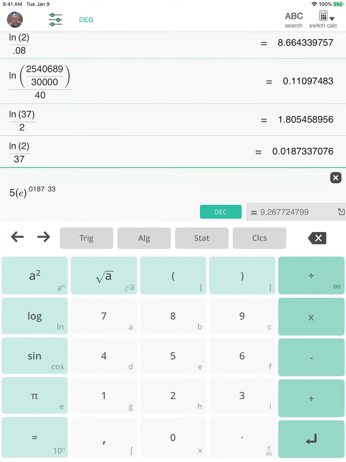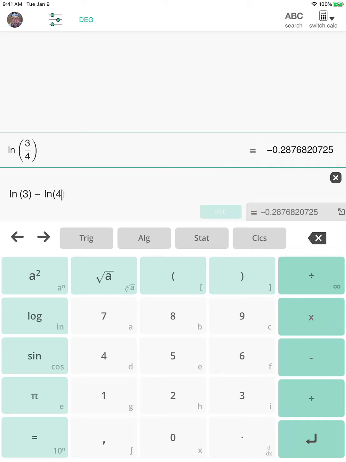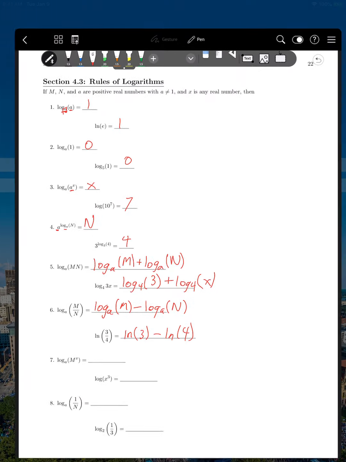If I go into my class calc app here and do the natural log of 3 divided by 4, we see that that's negative 0.2876, and so on. Then we can put in the natural log of 3 minus the natural log of 4, just to show that those are the same. So we can see that at least in this example it does work, and it does work in general.